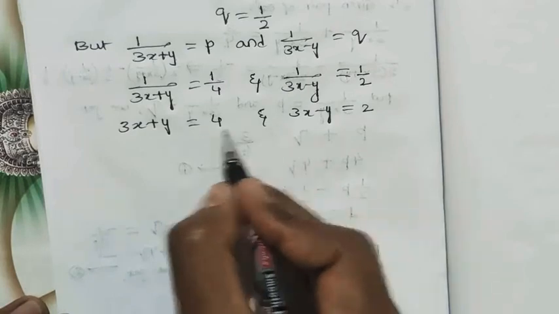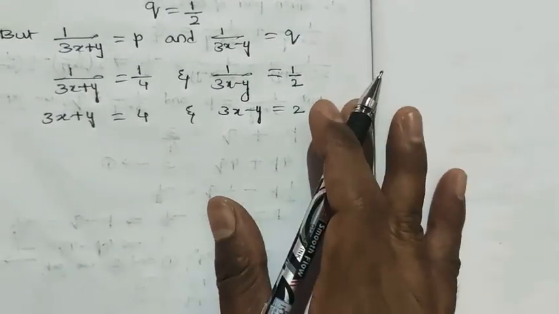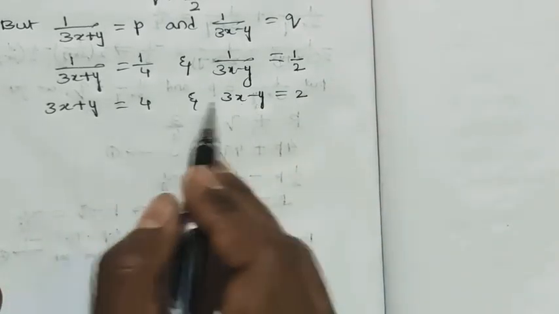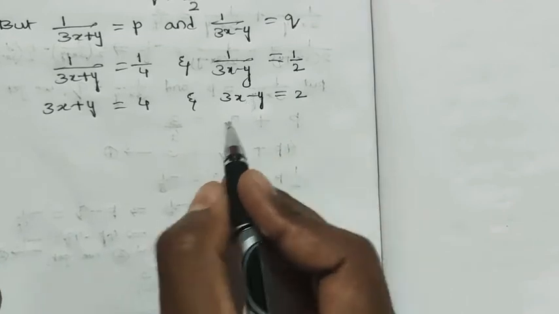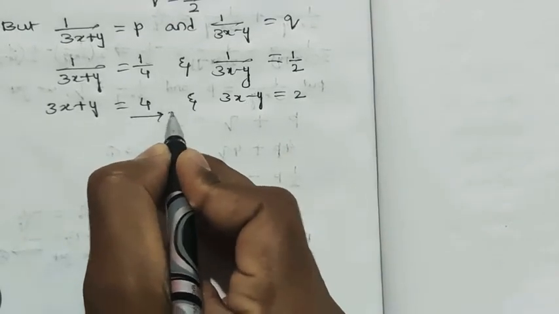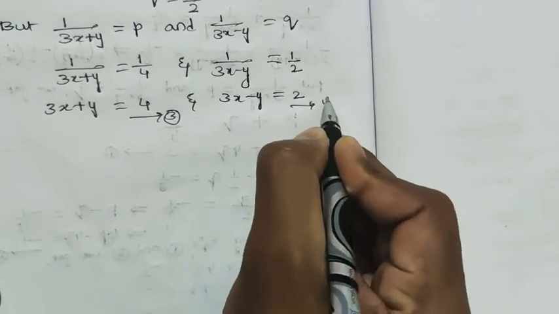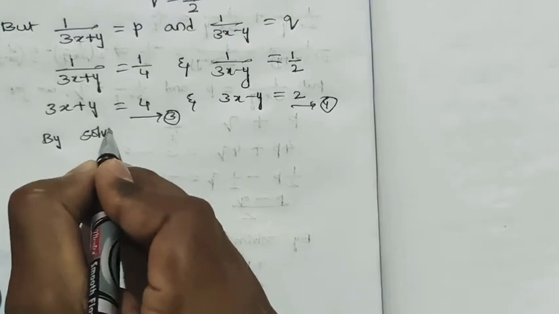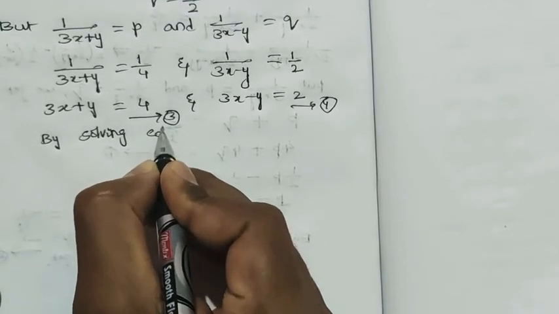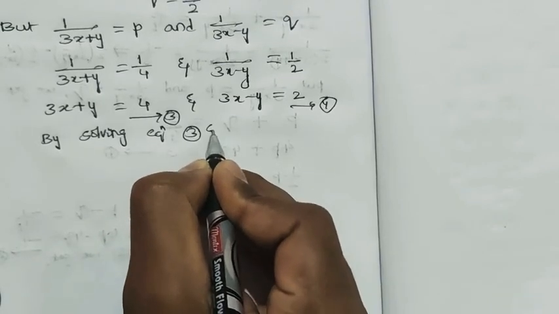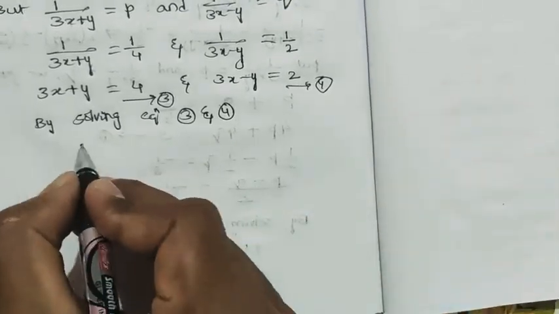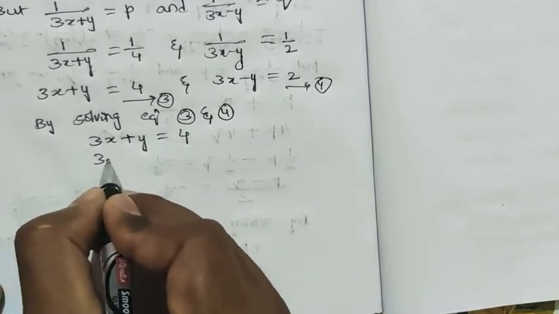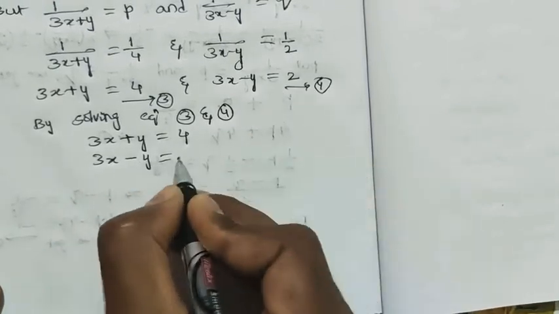Now what you need to do further, you have to solve this using the elimination method. This is plus y and this is minus y. By adding them, these two y terms will be cancelled. So assume this one as third equation and this is fourth equation. By solving equations 3 and 4, what are you going to get? 3x plus y is equal to 4, first one, 3x minus y is equal to 2.